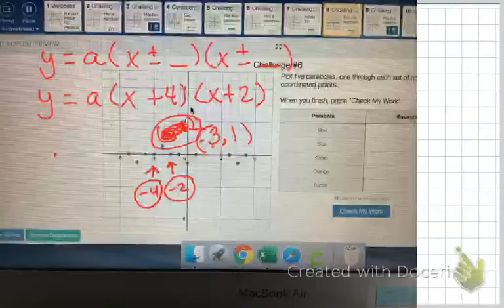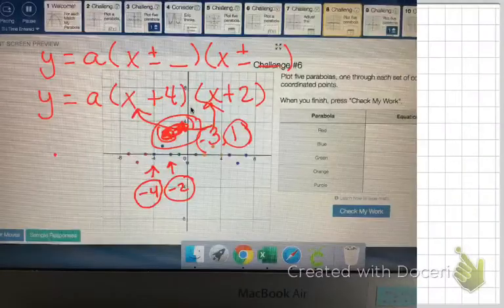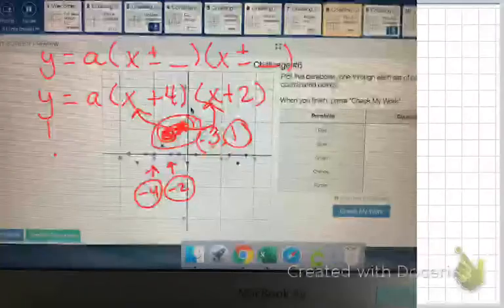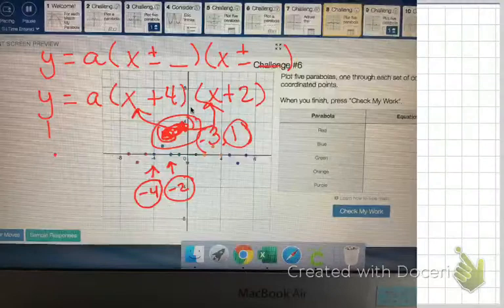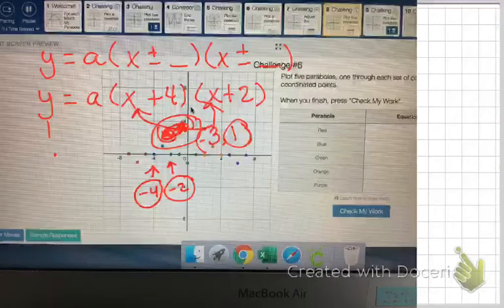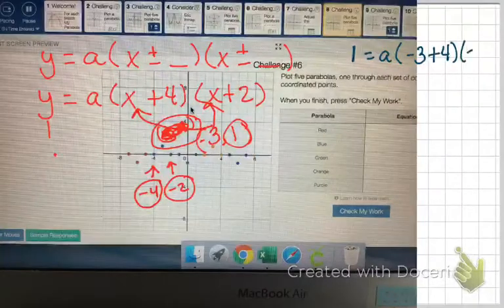So we know when this is plugged in for x, we should get this output for y. All right. So I'm going to work over here to the side. I'm going to use a different color here so it's a little bit easier to see, hopefully. All right. So we have 1 is equal to a times -3, we're going to plug in for x, plus 4, and -3 plus 2.